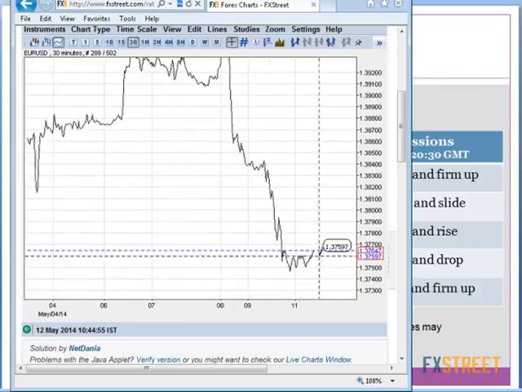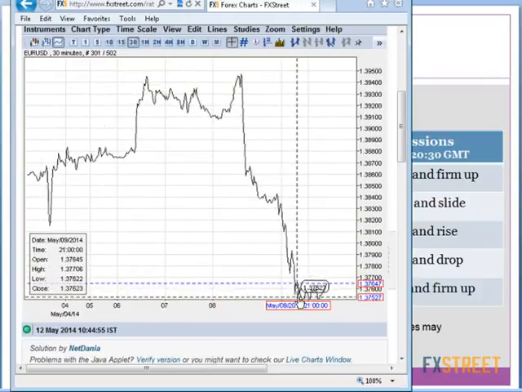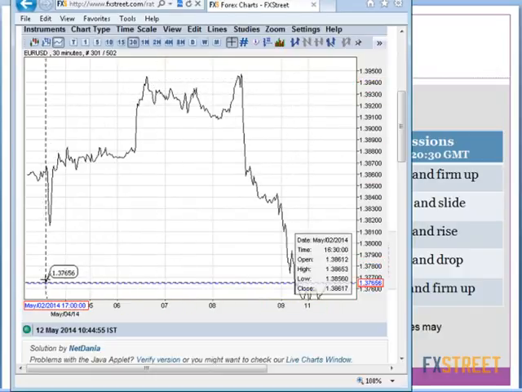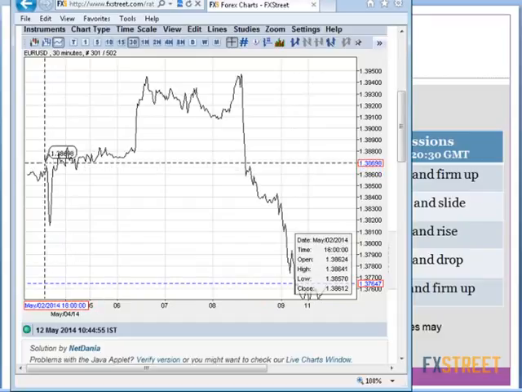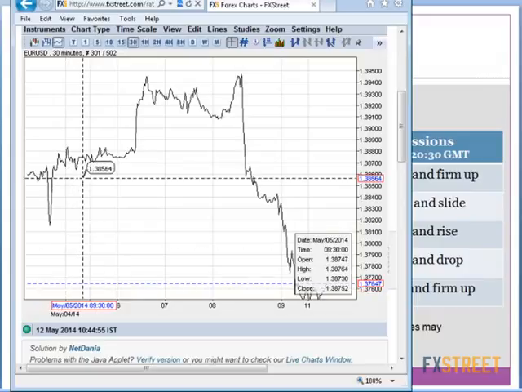So if you understand that there is no quantification with regard to the number of pips which it has to drop or rise, and even if you take the average for non-farm payroll, okay, every time the non-farm payroll is announced, the market reacts about 80 pips, 70 pips, 60 pips. Okay, we'll go with an average of 65 pips.